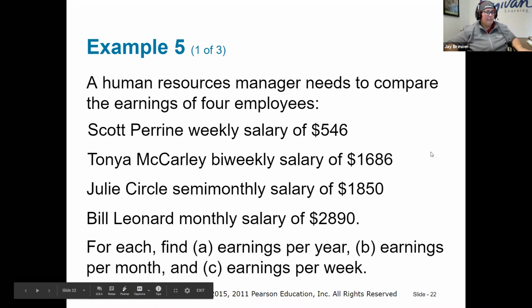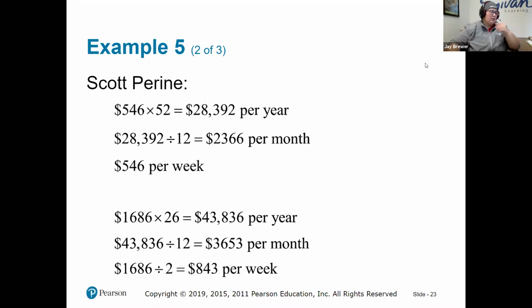Okay. And we're just going to go through this. I'm not going to write it out. So Scott, you have to take his weekly, multiply it by 52, and you get your per year. Then once you have your per year, you divide it by 12 to get your per month. And then we already knew his was per week.